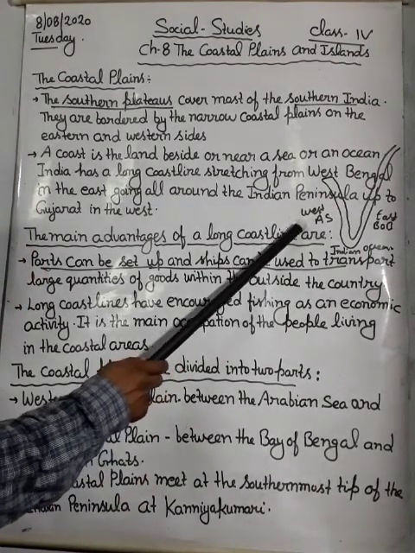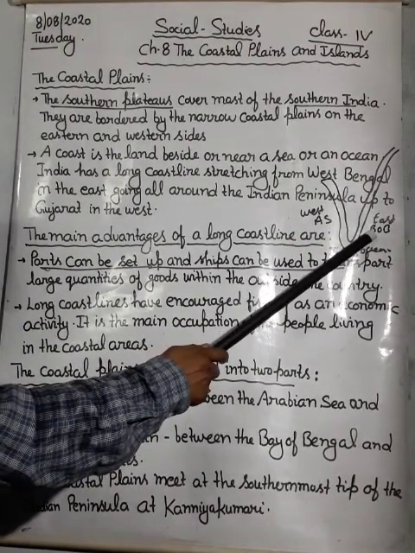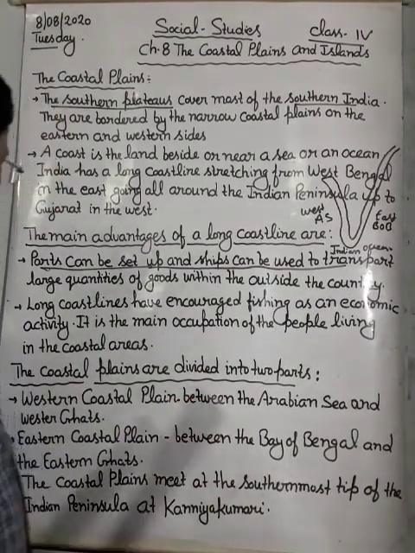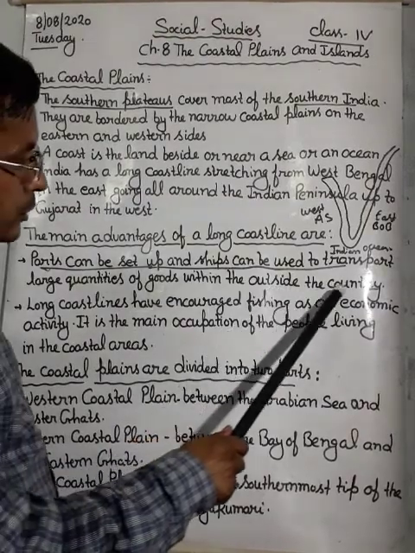You can see here the Arabian Sea in the west, Bay of Bengal in the east, and in the south the Indian Ocean is there.